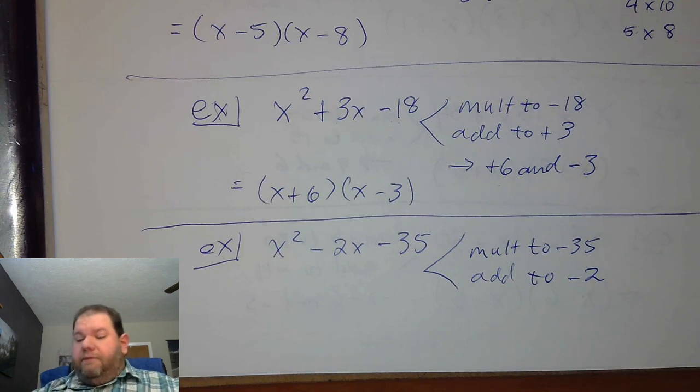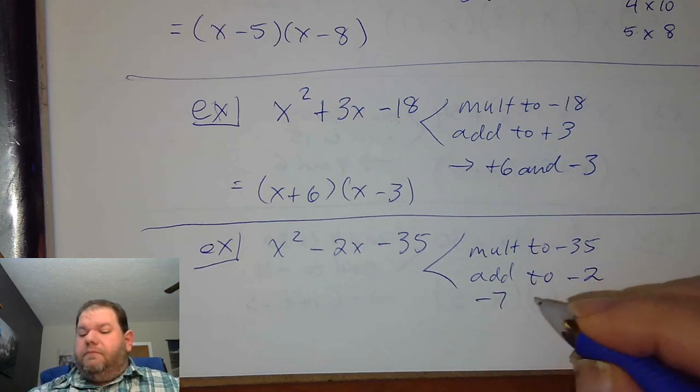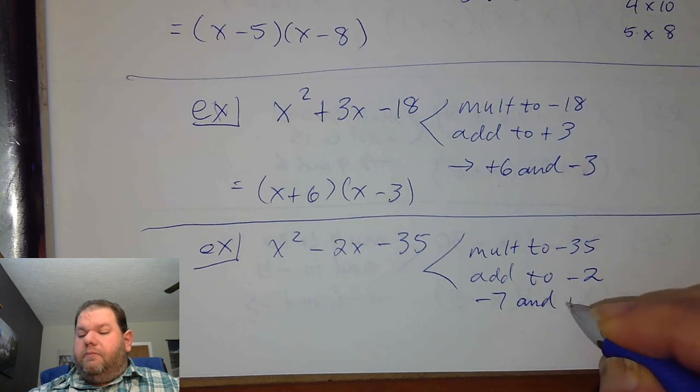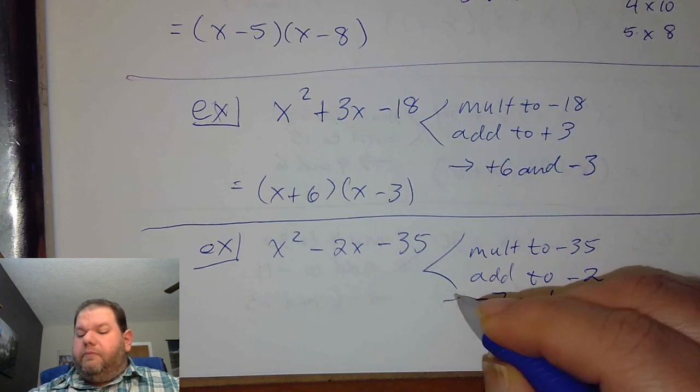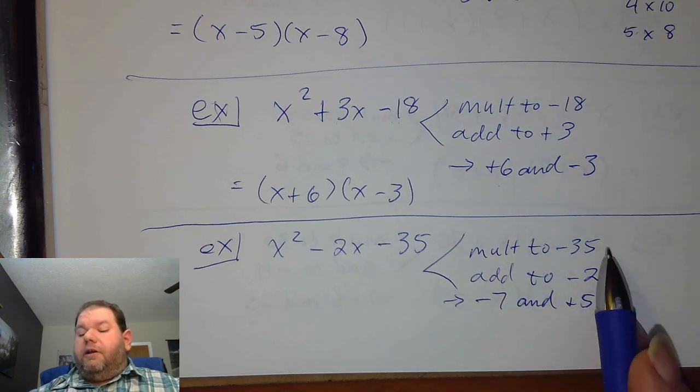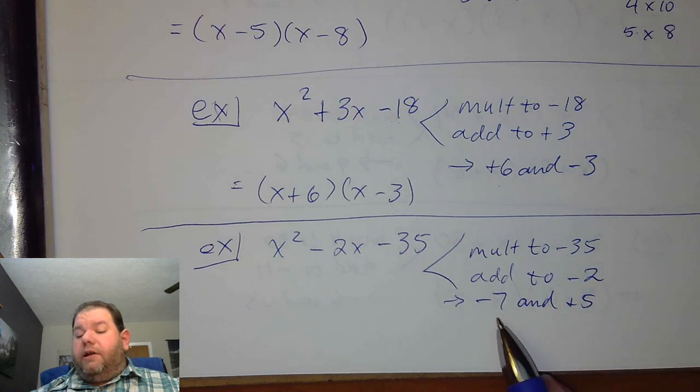Negative 7 and 5. Those multiply to give us negative 35, and negative 7 plus 5 is negative 2.